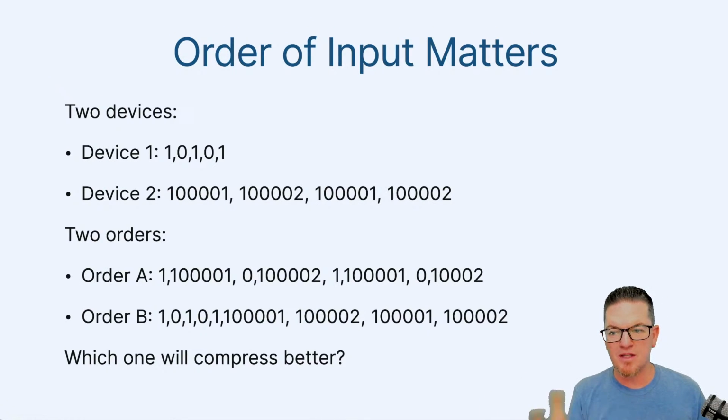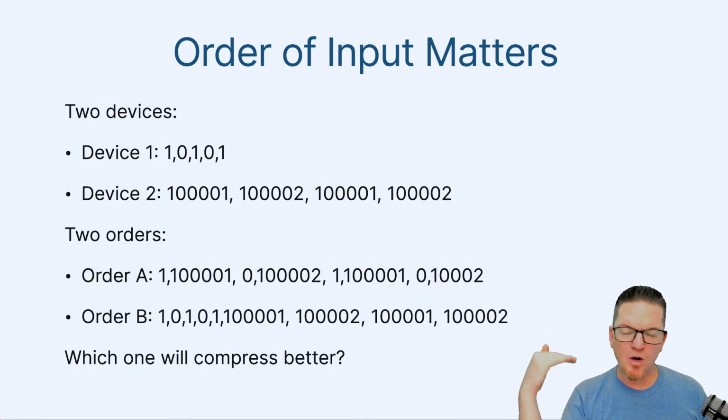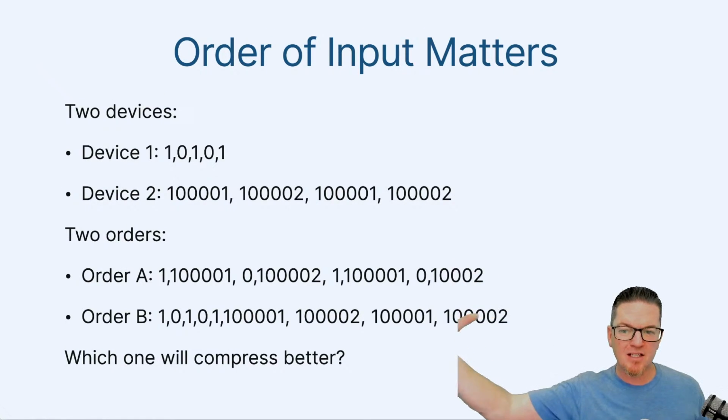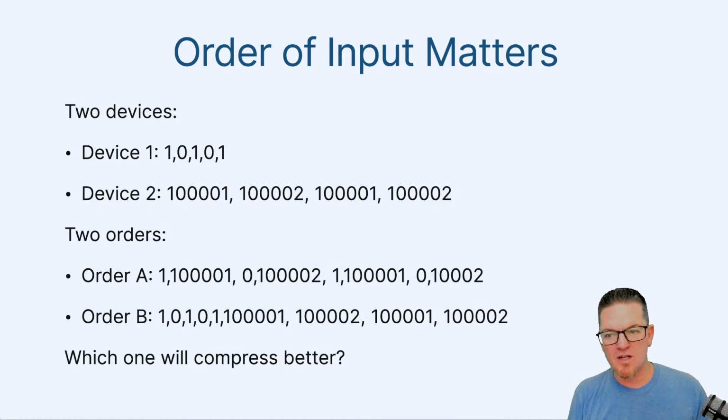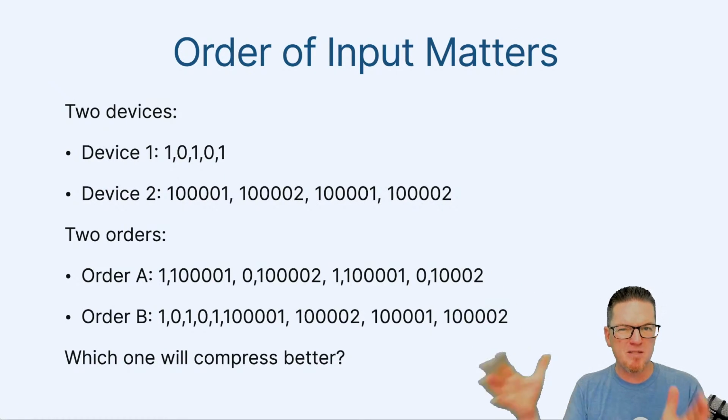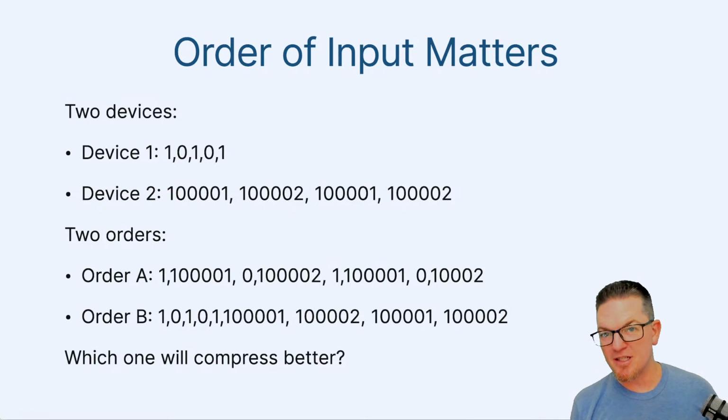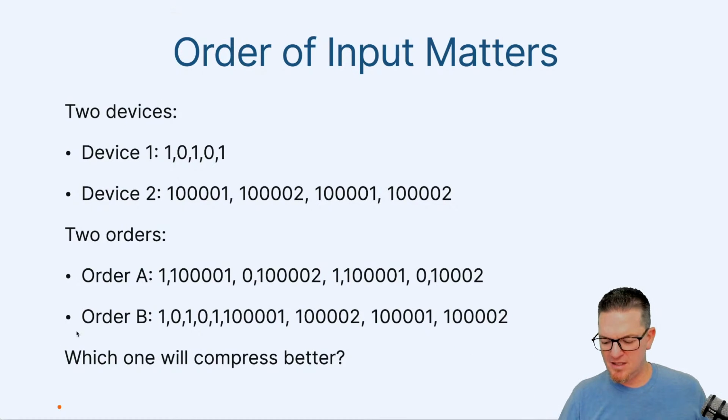So one of the other things we recognized, when you are compressing values, if all of these rows are the same in a table, I have device 1 and device 2, and they have drastically different readings. One is on the order of 0.1, one is on the order of 100,000. So they're just much bigger. When you're doing delta delta, if these are row after row, you end up getting less efficient because you have to track the delta between 1 and 1,001 from one value to the next.